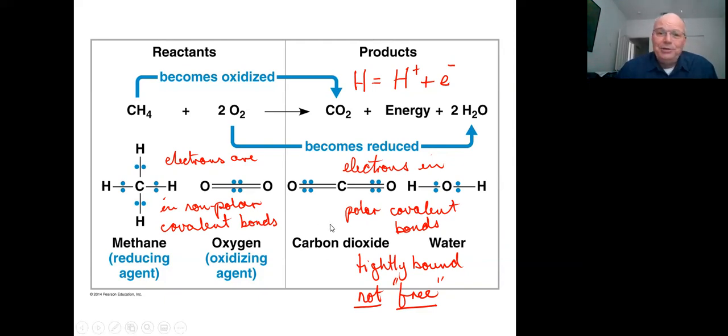An extended explanation, but it's worth spending a little bit of time to explain that so that you really understand what's going on in these reactions, because ultimately this is the source of the energy that keeps us alive. Remember, the purpose of cell respiration is to extract energy out of food molecules so that it can be stored temporarily as ATP, and then that ATP can be used to drive cellular work in its many forms.